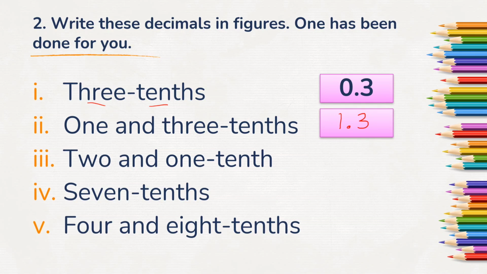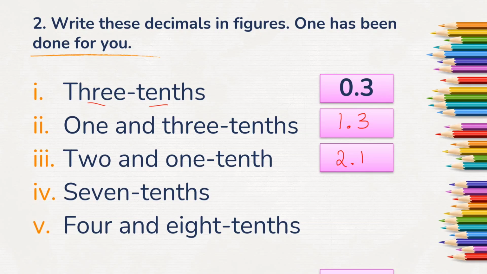Next, 2 and 1 tenth. 2 are whole and 1 tenth means 1 part out of 10 parts. So we'll write it as 2.1. Here 7 tenths. There is no whole number here. Just 7 parts out of 10 parts.